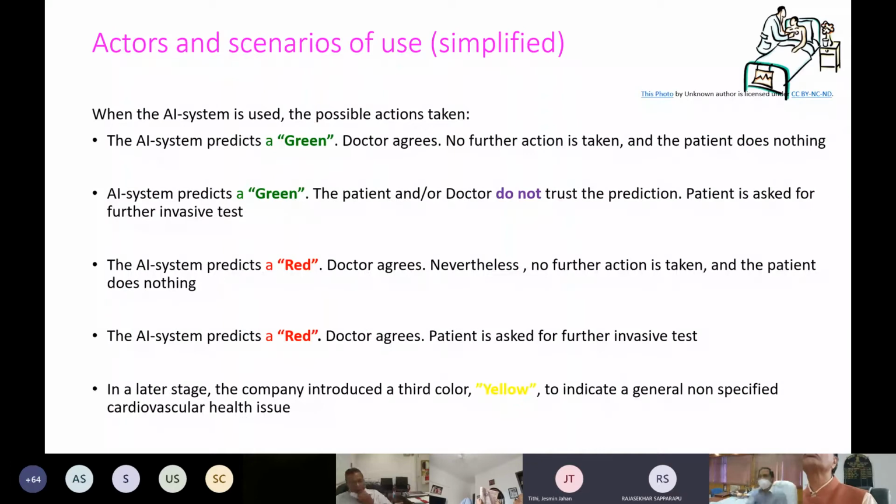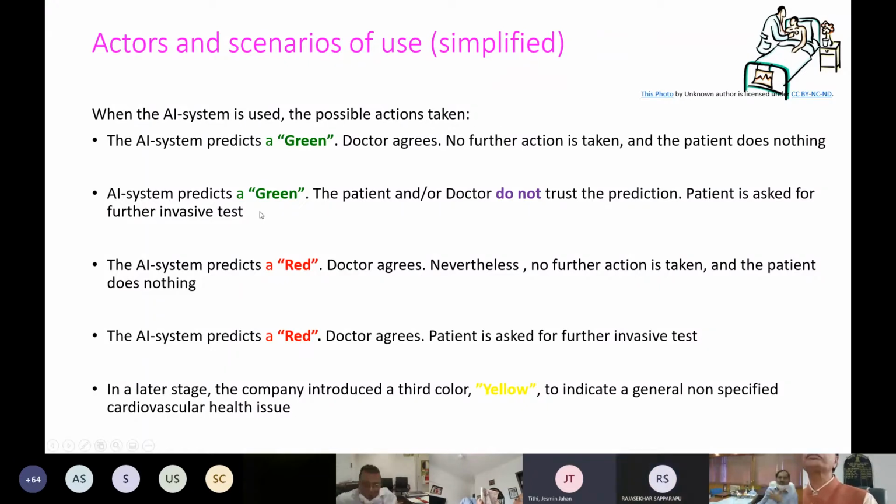Here is a very simplified version of the socio-technical scenario, or actors and actions, of this system. When the AI system is used, the possible actions taken could be that the AI predicts green, the doctor agrees that the heart is good, no further action is taken, and the patient does nothing.